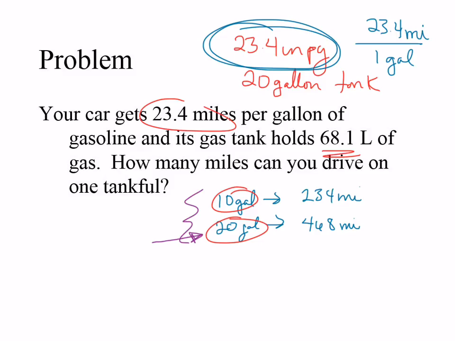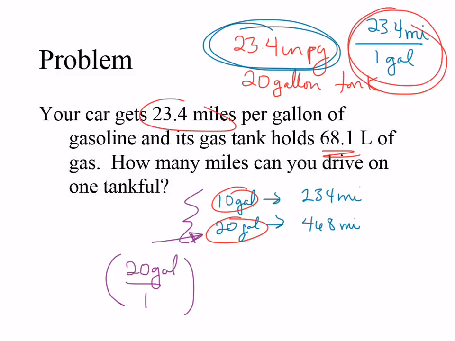All right. Factor label, here we come. What if I take the capacity, 20 gallons, put it over 1? Now, I am going to use this term up here in the corner to my advantage. I'm going to have gallons cancel, be left with units of miles.